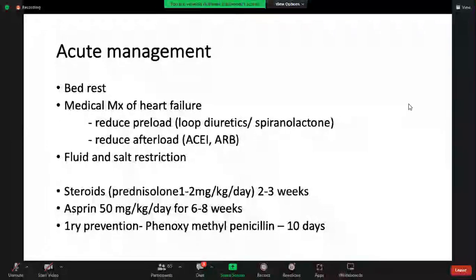So how would you arrange the long-term management here? This child is having rheumatic valvular disease causing heart failure. So what you have to do in the future? You have to prevent further damage. Parental counseling regarding this disease and starting on prophylaxis continuously. Okay. What would you start?